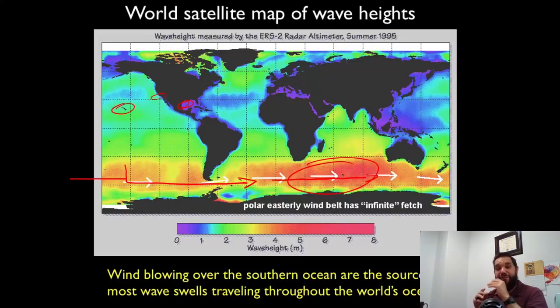So they're blowing without any disruption around and around the Earth. And that means it has an infinite fetch. You see what I mean? It can just blow uninterrupted around and around the Earth, and that creates an infinite fetch. And so that creates the largest waves in the open ocean.